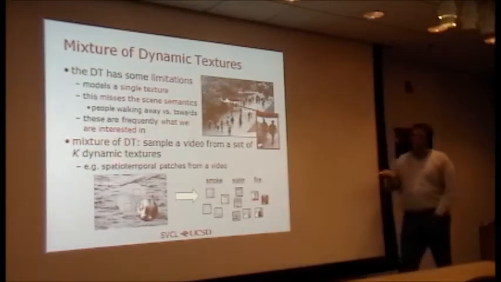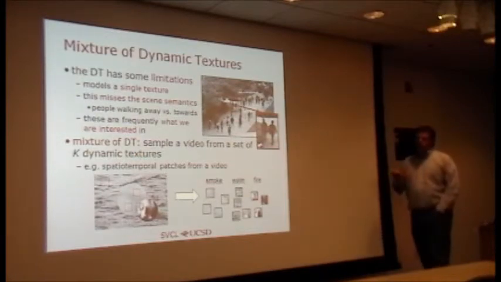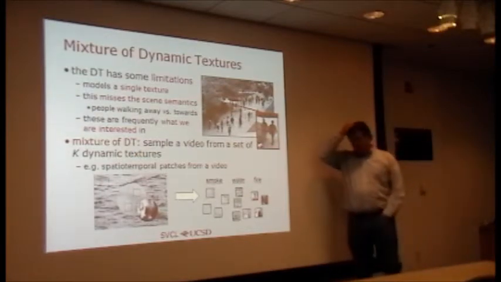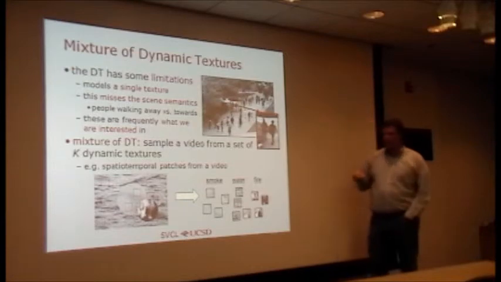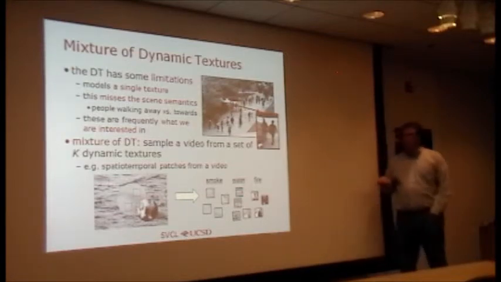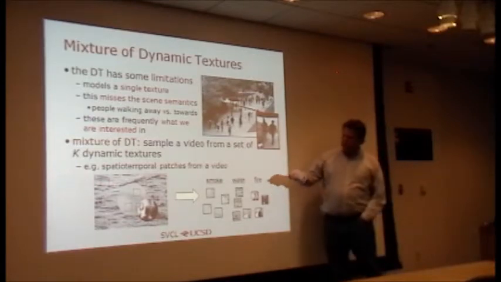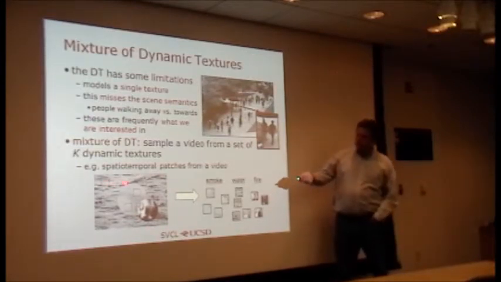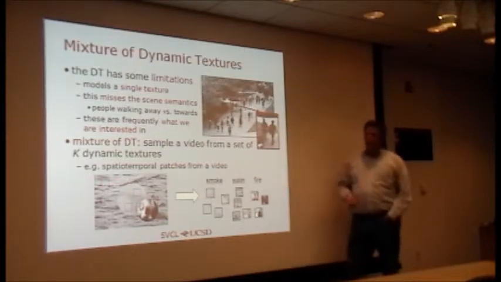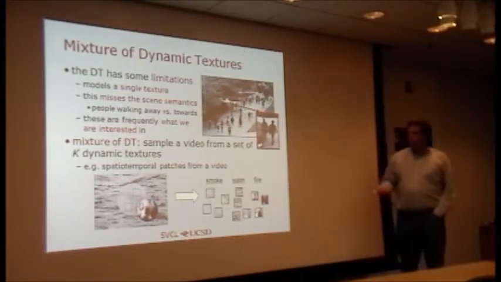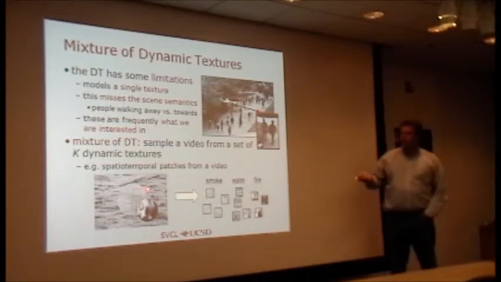So one simple extension that we've worked on is called a mixture of dynamic textures. The idea is again simple. Here's a little cartoon where I have a video that has three different textures: water, smoke, and fire. I'm going to model the video locally.